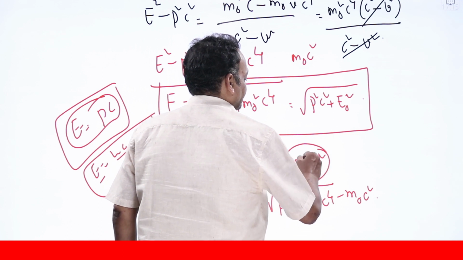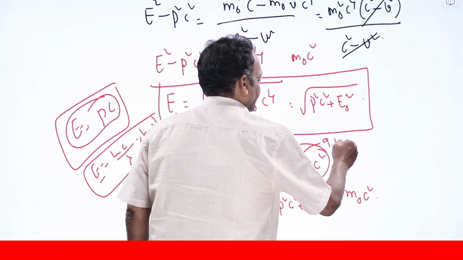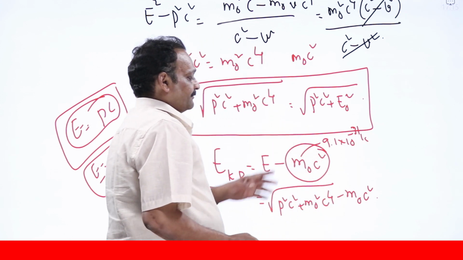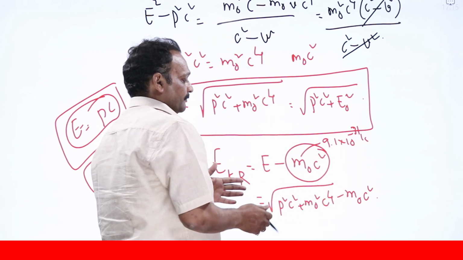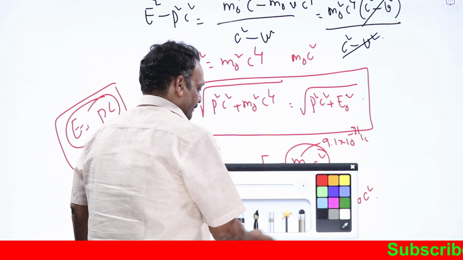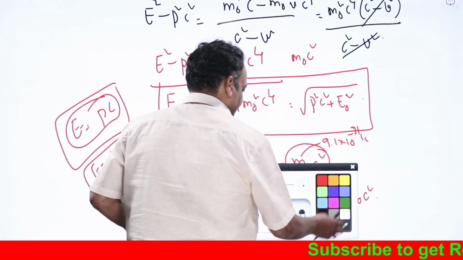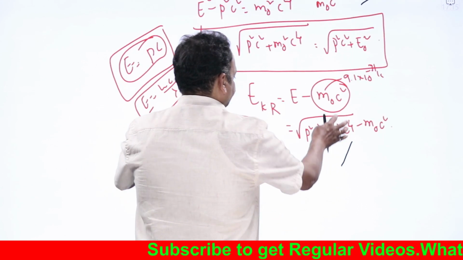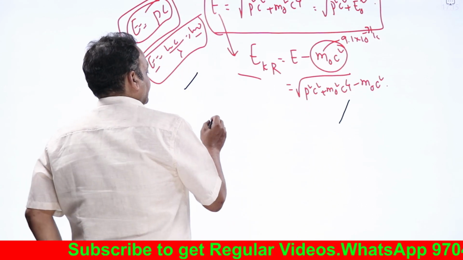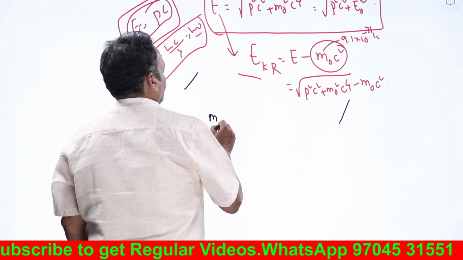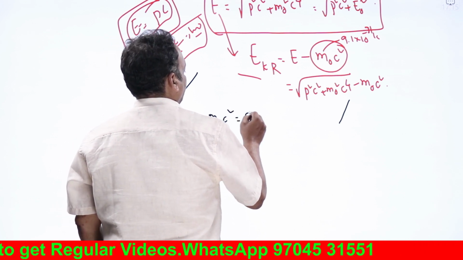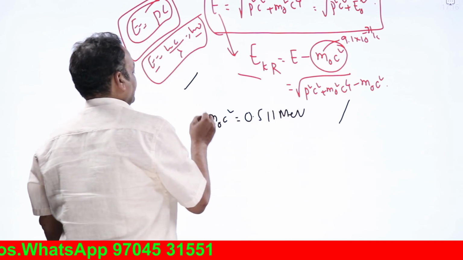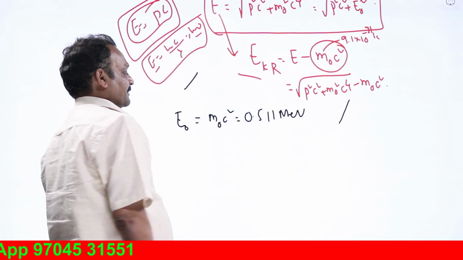If I put the rest mass of the electron as 9.1 into 10 to the power minus 31 kg, multiply by c square and convert that into electron volts, the rest mass energy of the electron m naught c square is equal to 0.511 MeV.